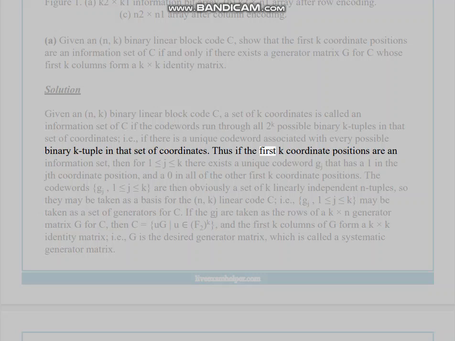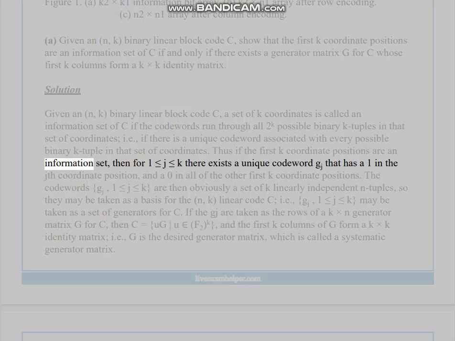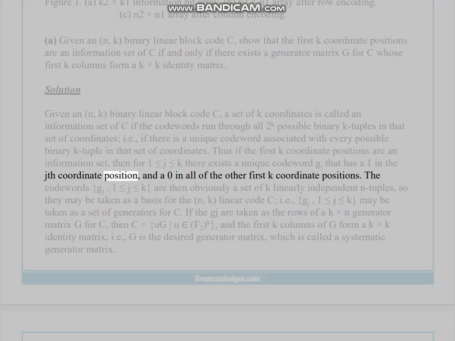Thus, if the first K coordinate positions are an information set, then, for 1 ≤ j ≤ k, there exists a unique codeword gj that has a 1 in the jth coordinate position, and a 0 in all of the other first K coordinate positions.